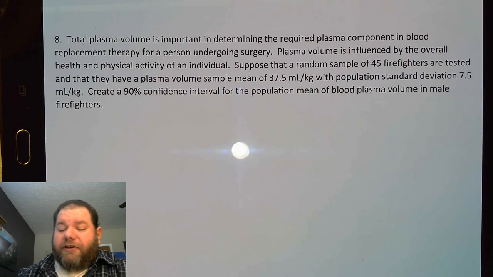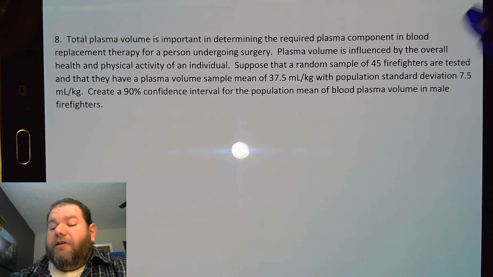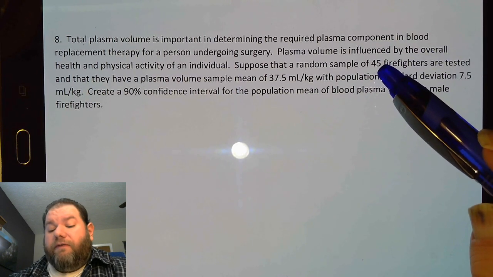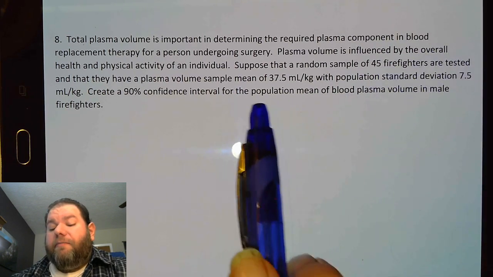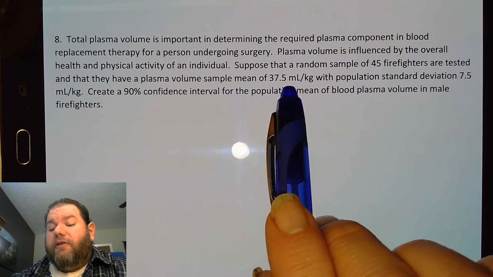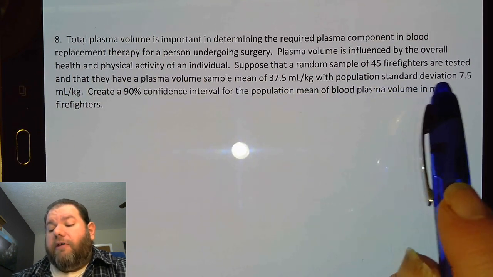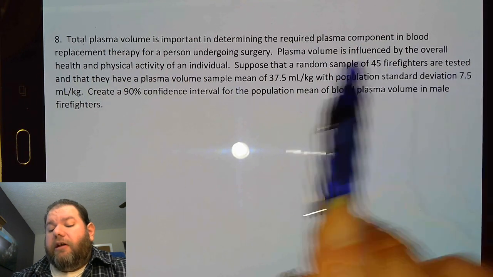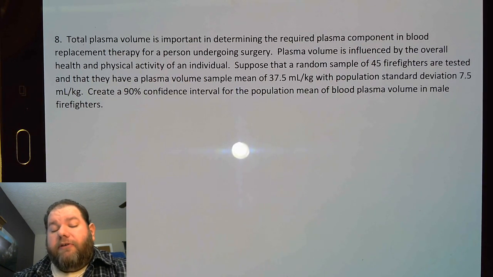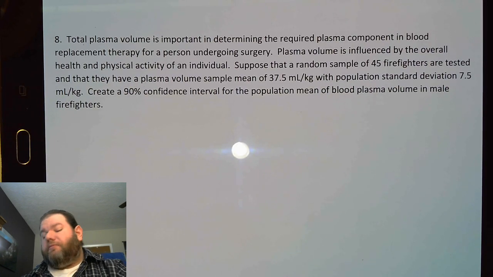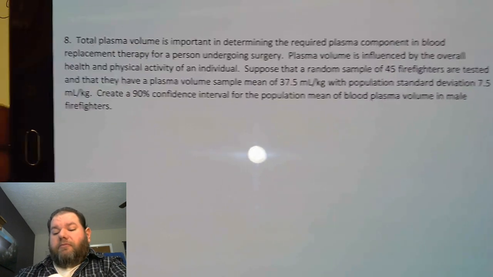So, picking out the key data here, we know our sample size is 45, and our sample mean, 37.5. We have a population standard deviation 7.5, and we want to create a 90% confidence interval. All of that stuff is relevant here. So let's write that down.